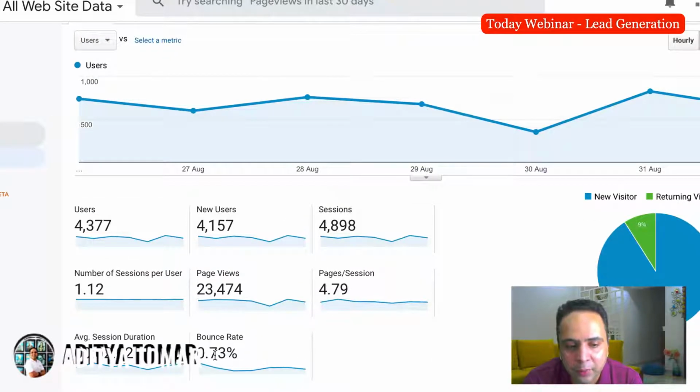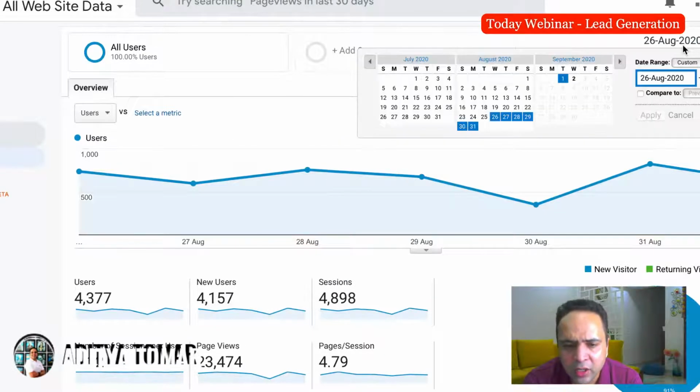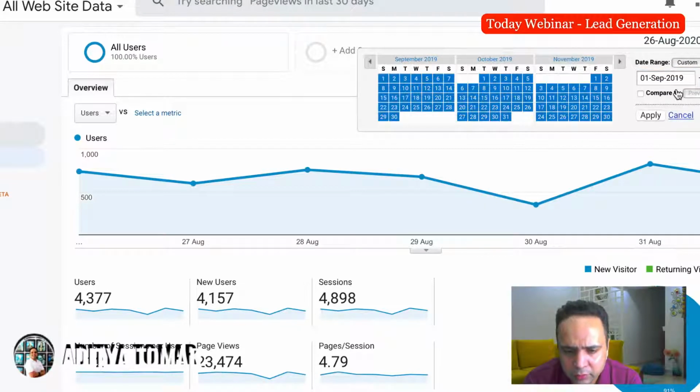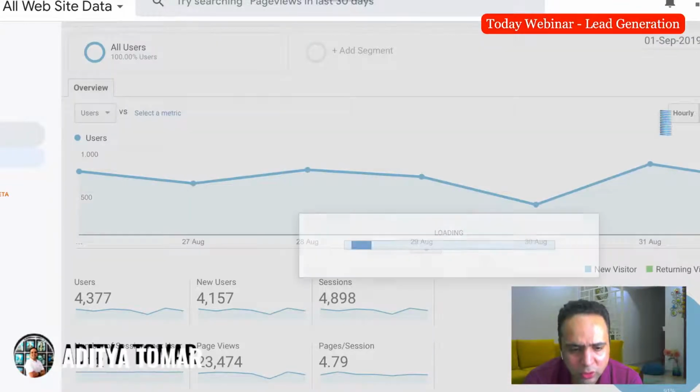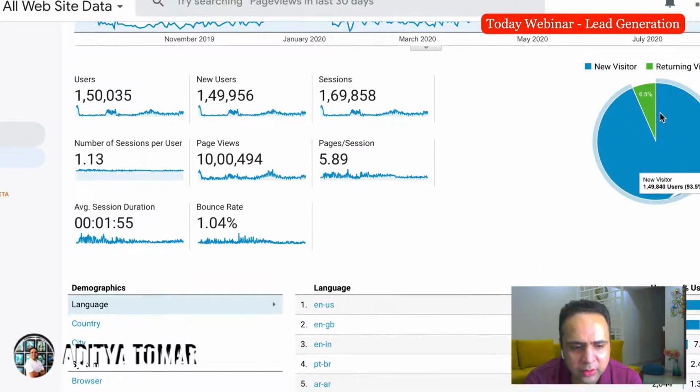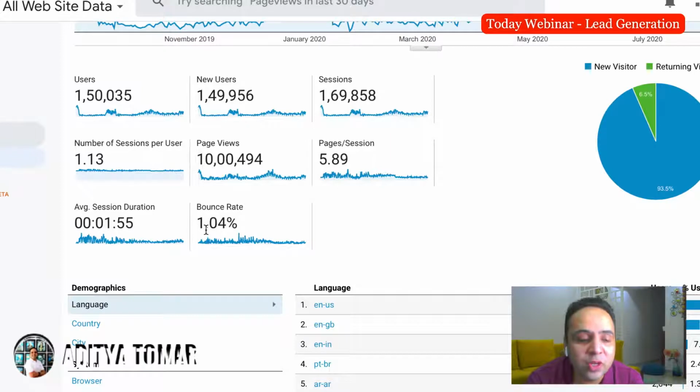You can see the bounce rate over here, 0.73. If I check from September to date, the bounce rate is 1%. Only 1% of people visited our site and went back.